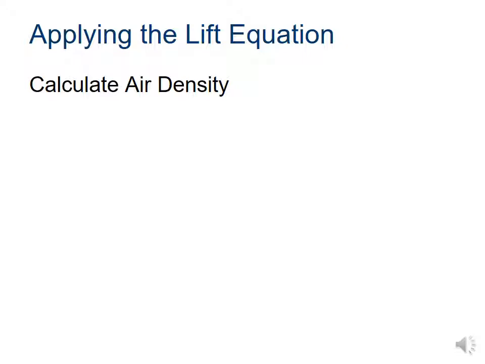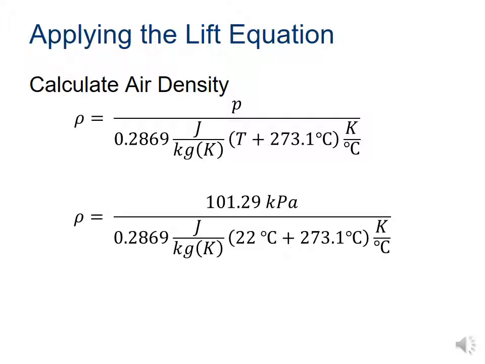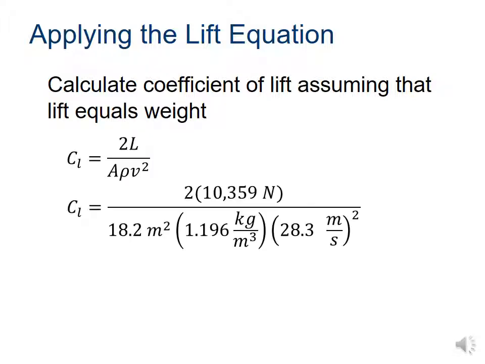Determine the air density using the air density formula for temperature and pressure. Then apply the coefficient of lift equation, and you get 1.19. Again, notice this is a unitless value.